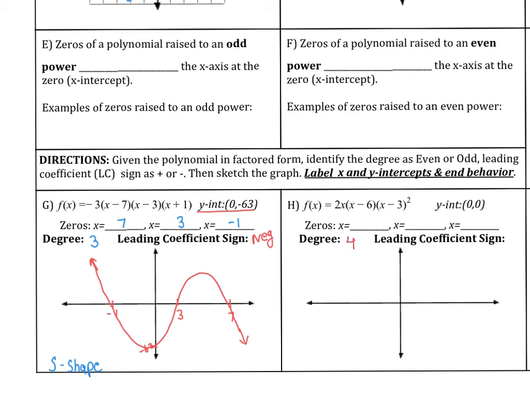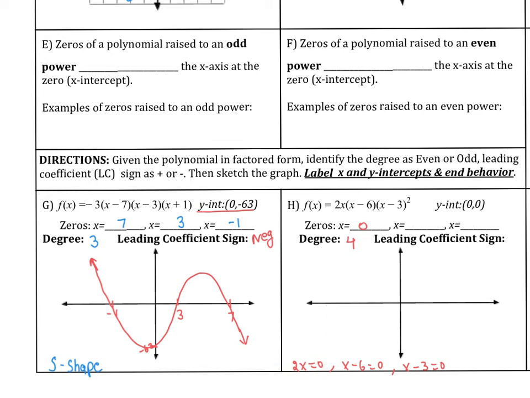When you put them equal to 0, 1 by 1, you're going to have 2x equals 0, x minus 6 equals 0, x minus 3 equals 0. So the first zero you're going to get is 0. When you divide by 2 on both sides here, you get x equals 0.